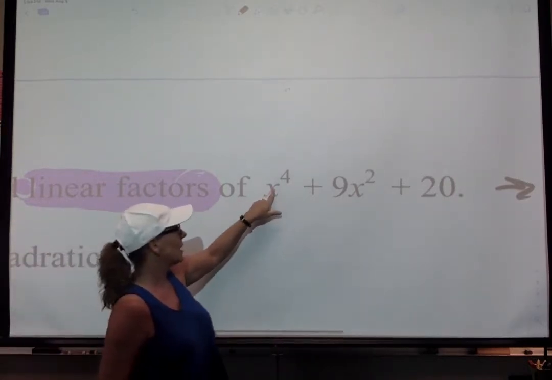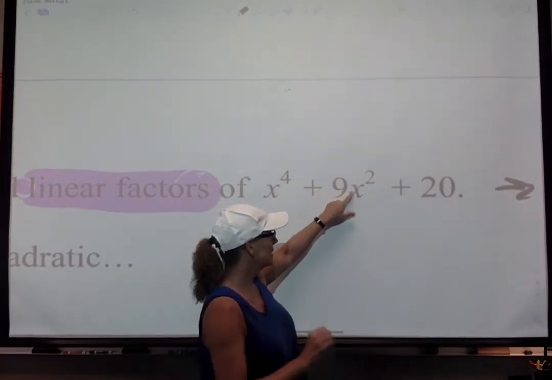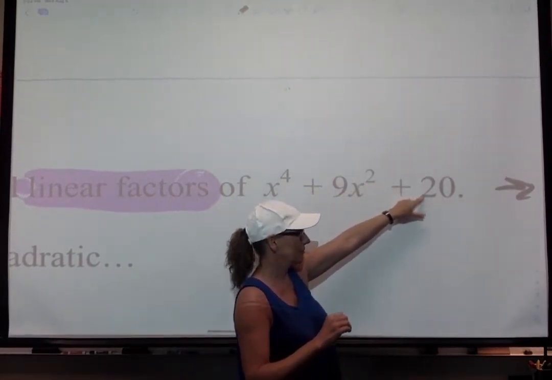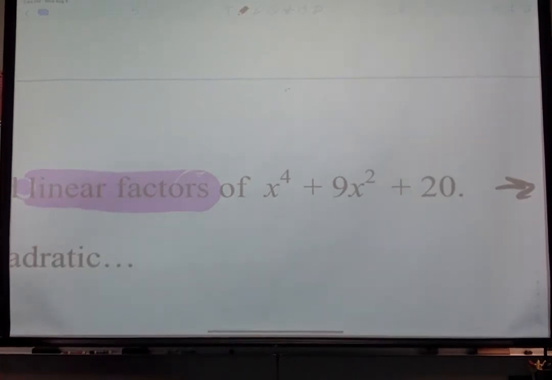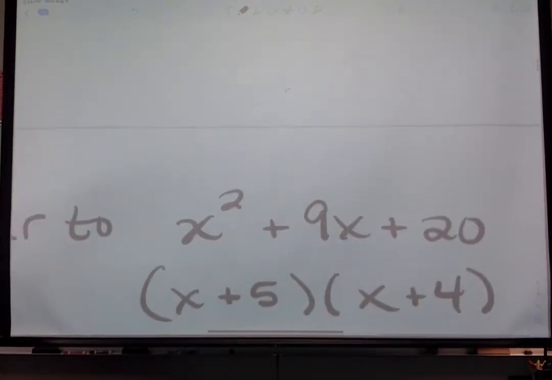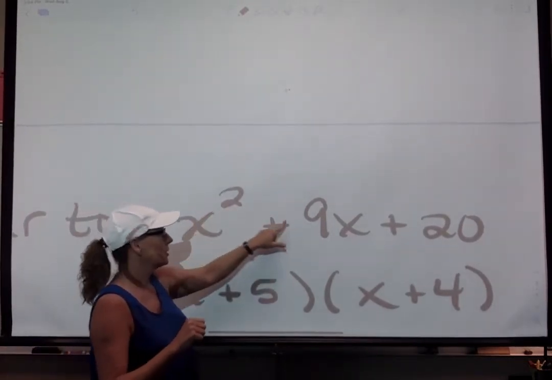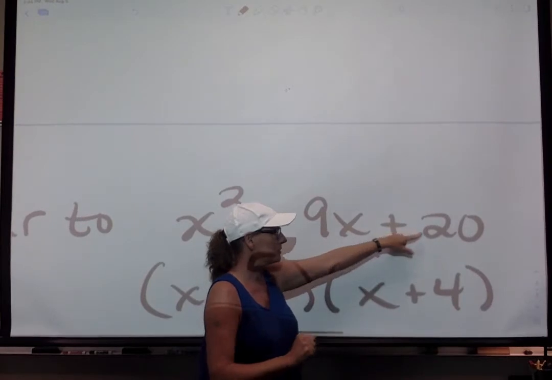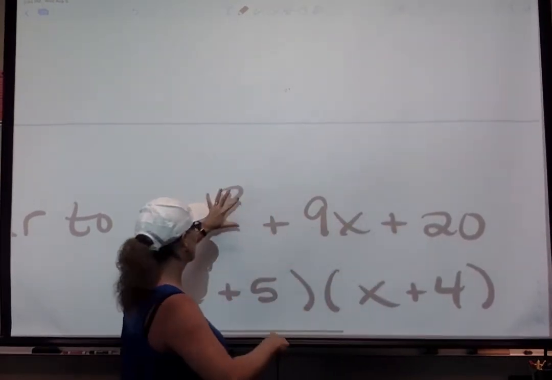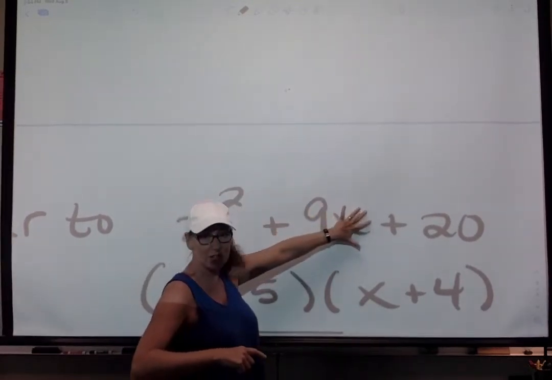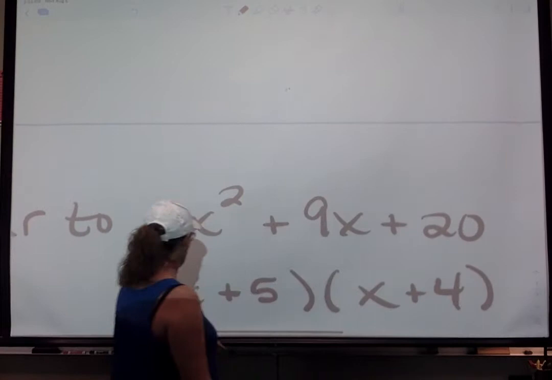So check this out. We've got 1 x to the 4th plus 9 x squared plus 20. This polynomial is very similar to 1x squared plus 9x plus 20. This is totally factorable. When you have an x squared here and a single x term here, you're going to go 2 sets of parentheses.